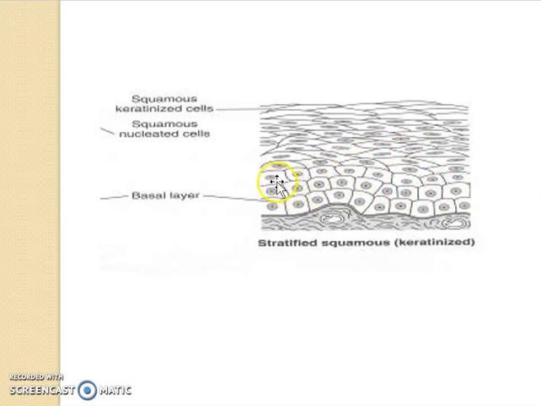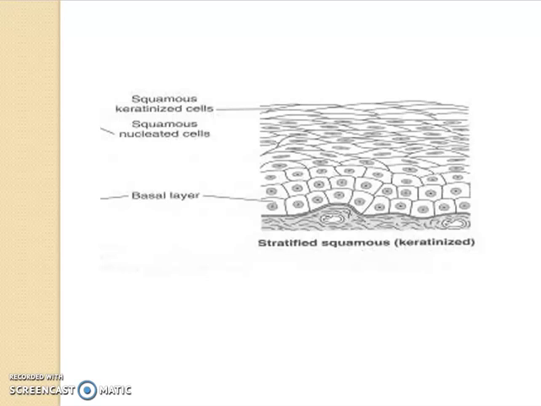So they attack the structures that hold the epithelium together. You can imagine that if the glue, if you like, holding the epithelium together is under attack, then the epithelium will be separated.